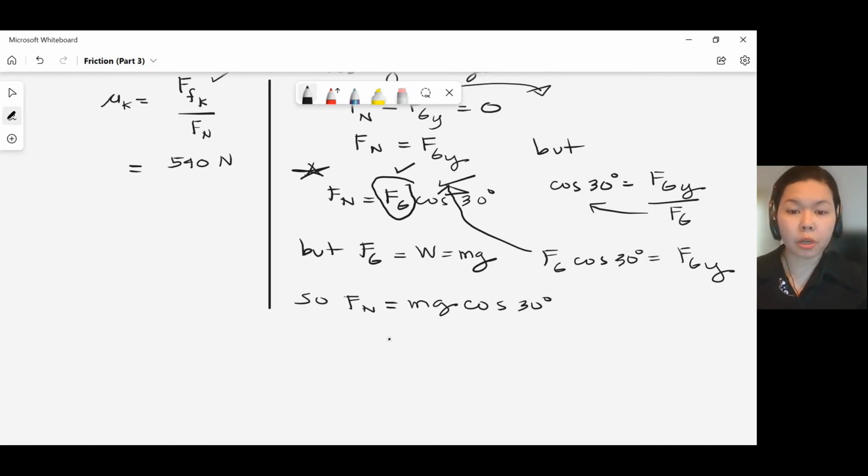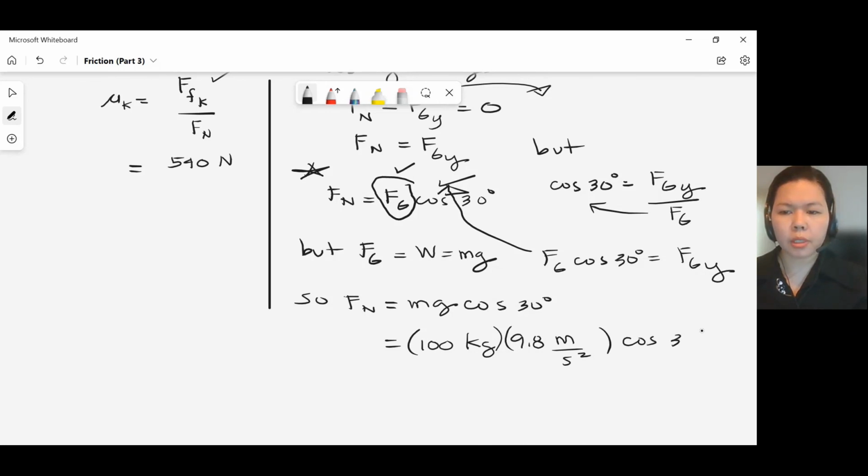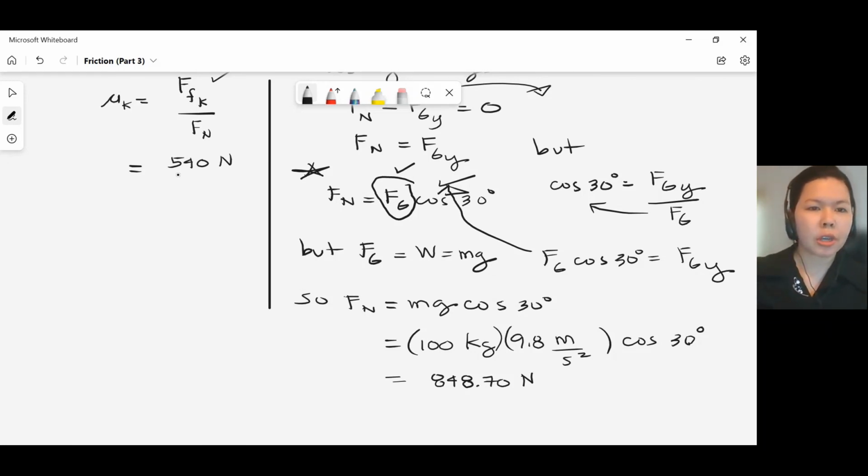The mass of our object is 100 kilos times 9.8 meters per second squared times cosine 30 degrees. Using your calculator, you should get an answer of 848.70 newtons. I'm using here 2 decimal places.